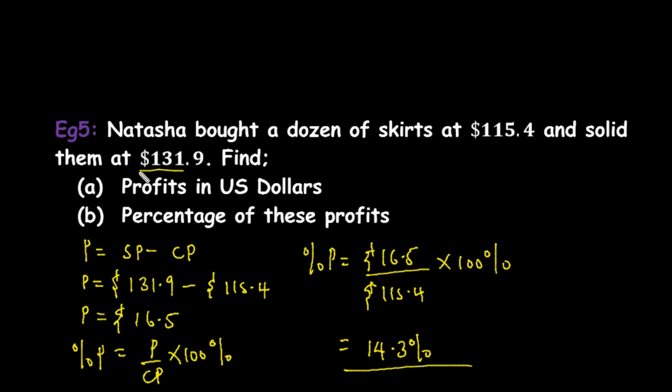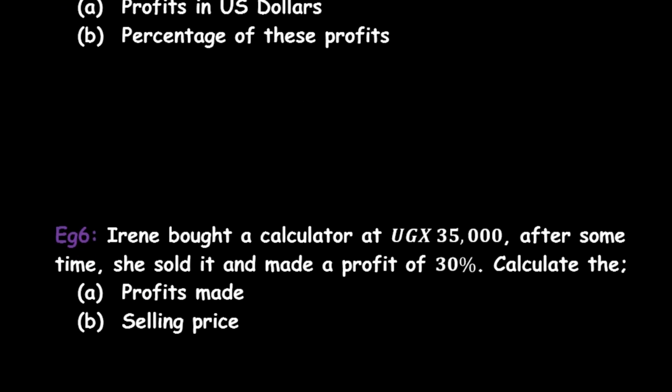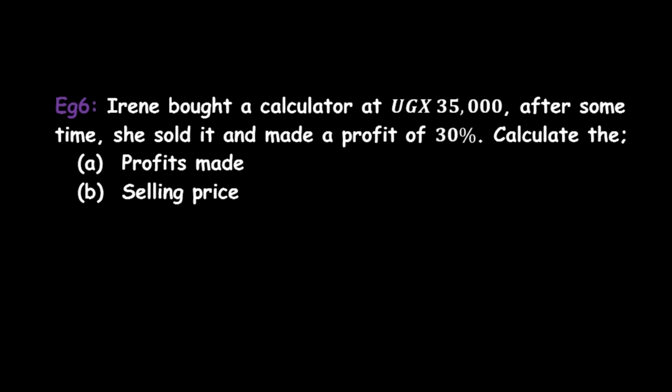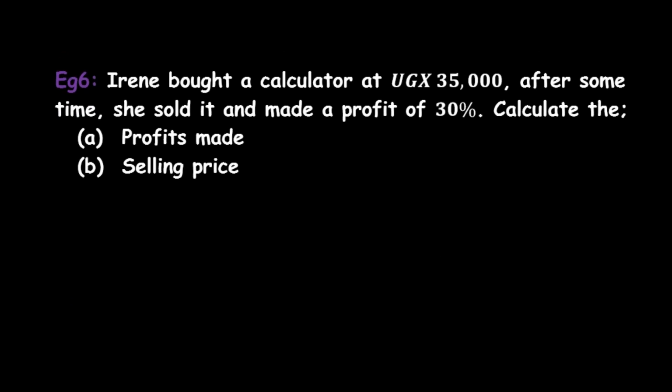Another example, that is example 6. Irene bought a calculator at 35,000, comma, after some time she sold it and made a profit of 30%.